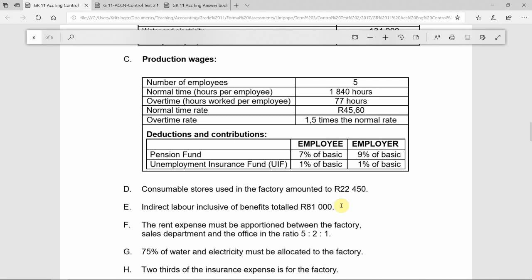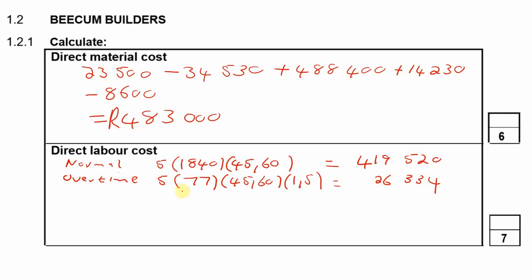So pension fund, unemployment insurance fund, it tends to be consistent from month to month unless your salary or wage increase. So remember, it focuses on the normal hours, not the overtime. So whatever we calculated as the normal time, when it comes to the contributions, we have to take 10% of that.